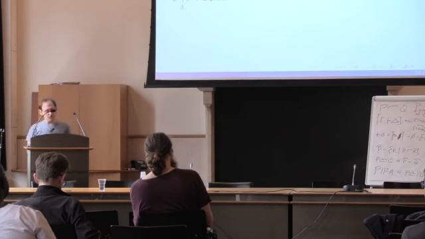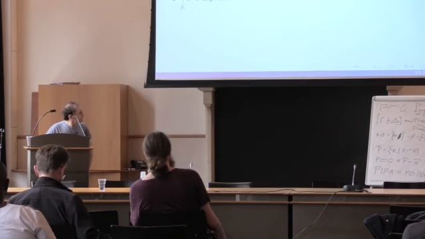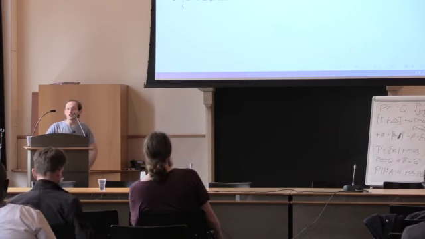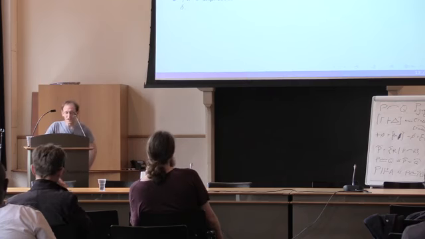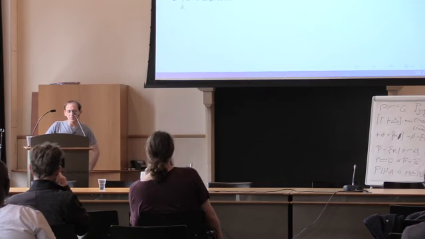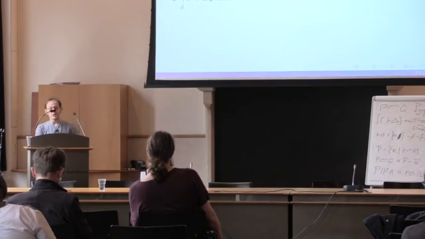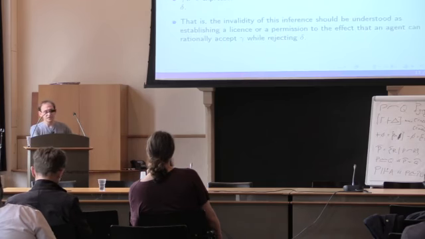Now, if one understands validity in terms of incoherence, then invalidity here should be understood in terms of coherence. So when I say that there's a certain invalid argument from gamma to delta, then I'm expressing the idea that it is coherent to accept gamma while rejecting delta.